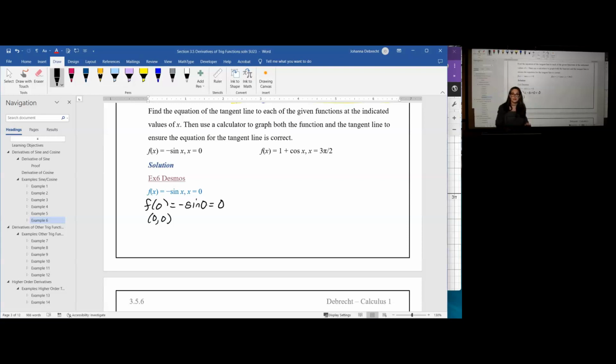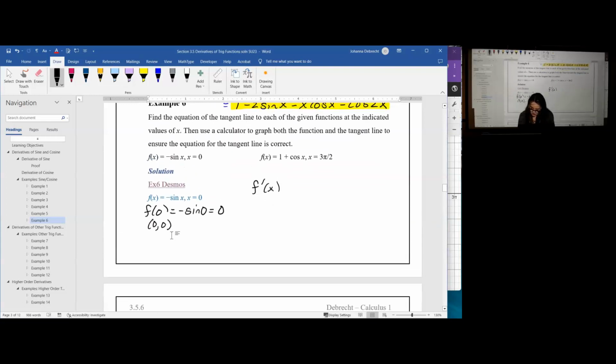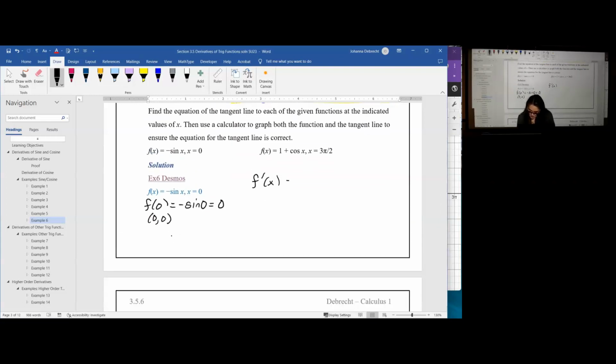To do that, I take the derivative of the function. The derivative of my function is going to give me negative cosine of x. I need to know what it is specifically when x is 0. So then I substitute 0 in place of the variable.